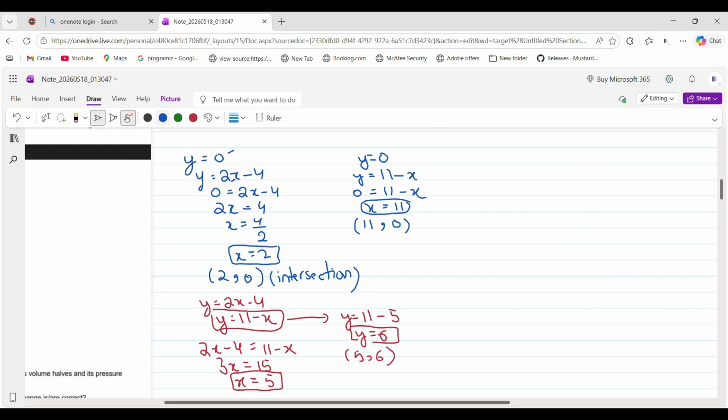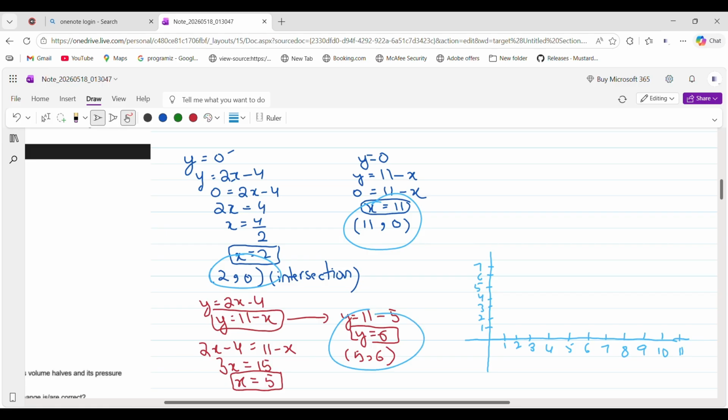I'm making a very rough graph in order to explain it to you. So this is my graph, with 1, 2, 3, 4, 5, 6, 7, 8, 9, 10, 11 along x, and 1 to 7 along y. Let's plot the 3 points we have gotten: point 1, point 2, point 3.